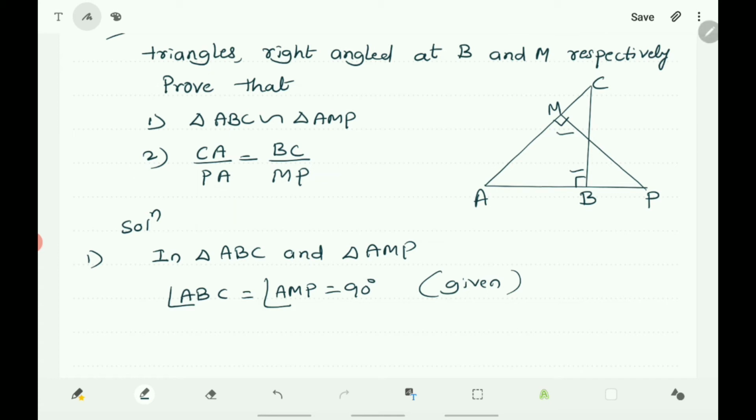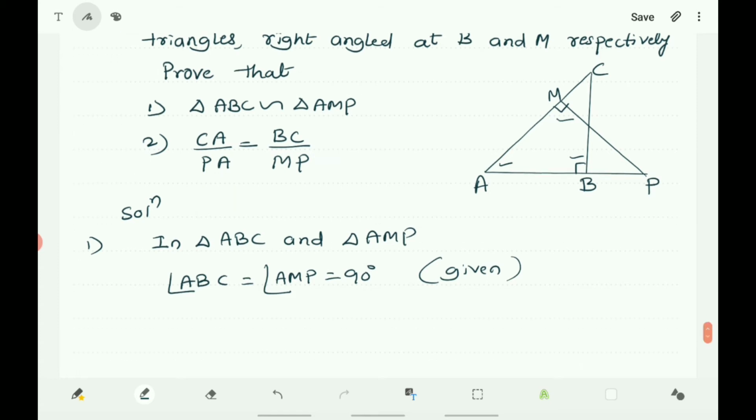And you know that with the help of the figure you can note angle A is the angle of both the triangles. Therefore you can consider it a common angle. So you write angle A is equal to angle A, or in triangle ABC it is angle BAC, that is equal to, in triangle AMP, angle PAC or CAP.